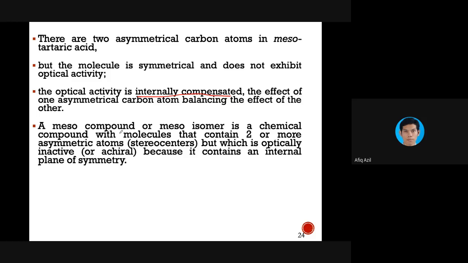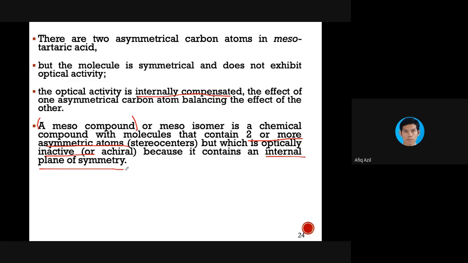So a meso compound or mesoisomer is a chemical compound with molecules that contain two or more chiral centers, but it is optically inactive because it contains this internal plane of symmetry. So this is the definition for a meso compound.